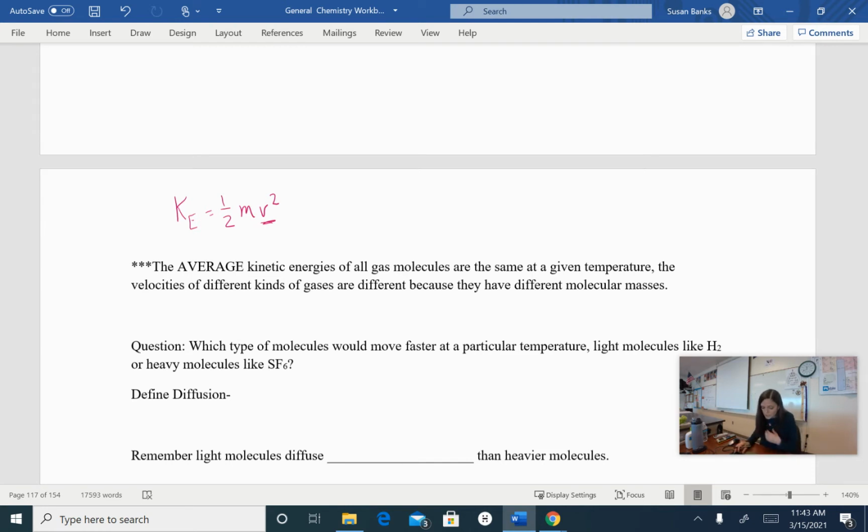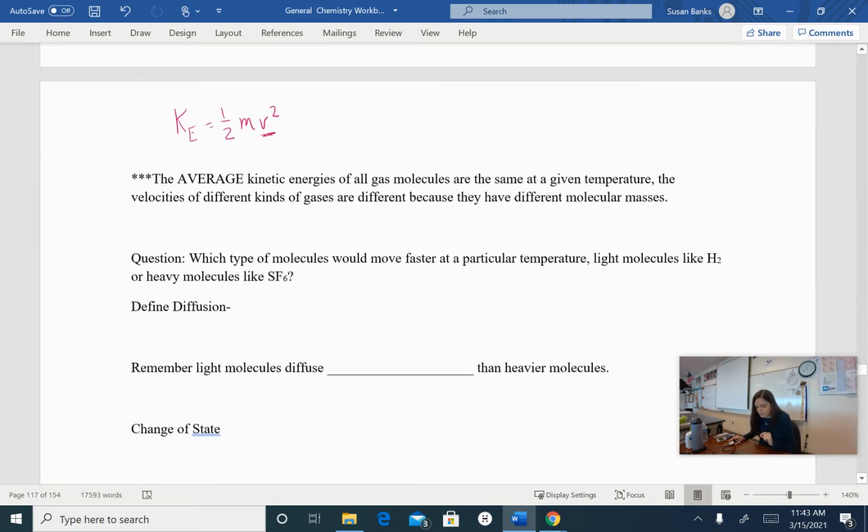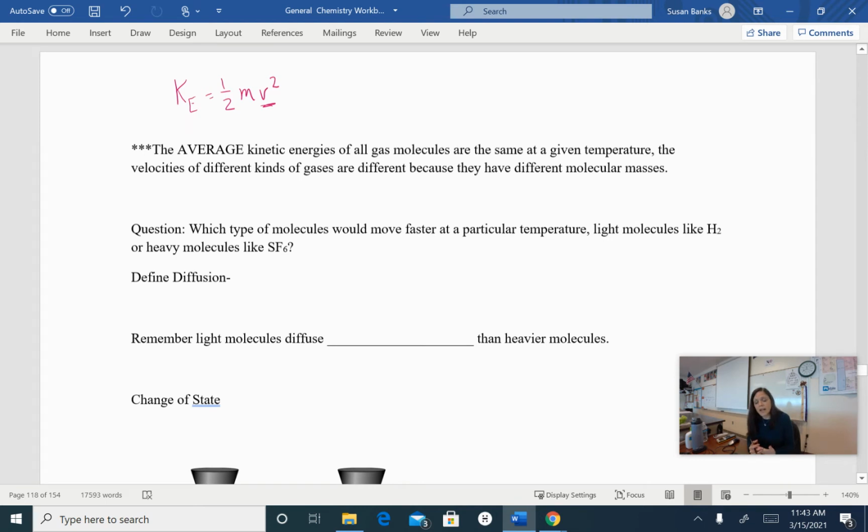All right, so let's think about this then. Which type of molecule would move faster at a particular temperature? So if they were all at the same temperature, would I have light molecules like hydrogen move faster, or heavy molecules like sulfur hexafluoride?